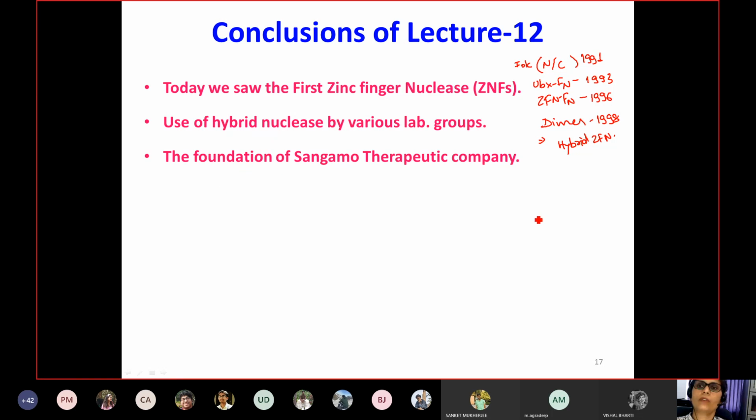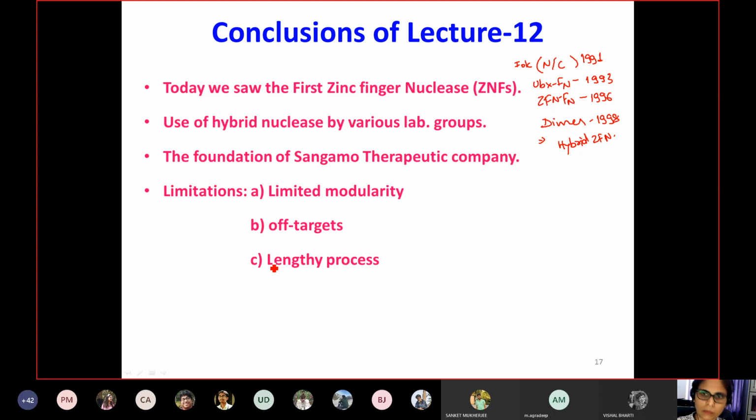They together founded this company, which was used in monogenic kinds of diseases, and they wanted to cure these monogenic diseases. And we also saw some of the limitations. For example, it had limited modularity, it can give off-target effects, and third, the process itself is very lengthy, and by the time you get it, it really takes a lot of time.